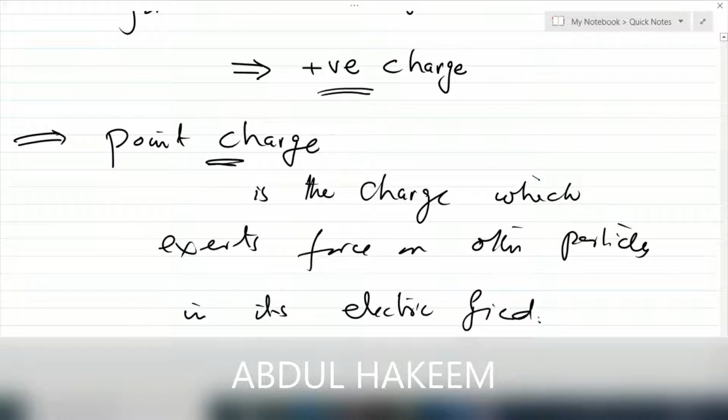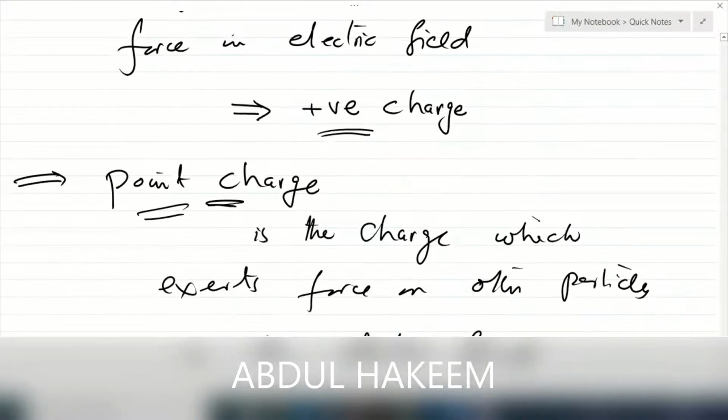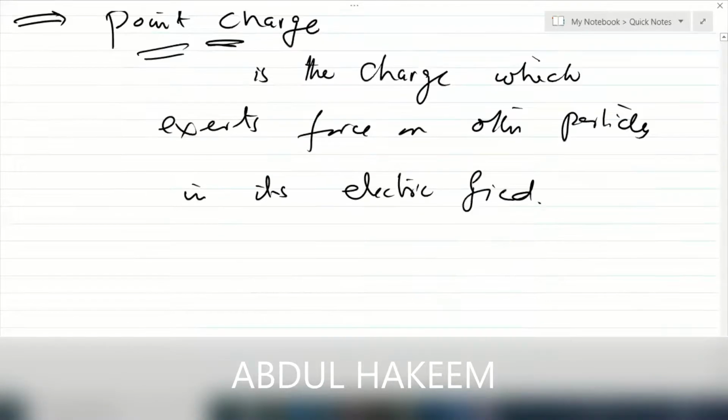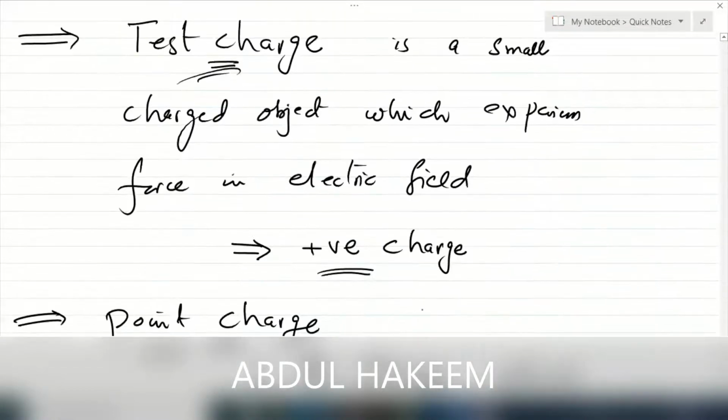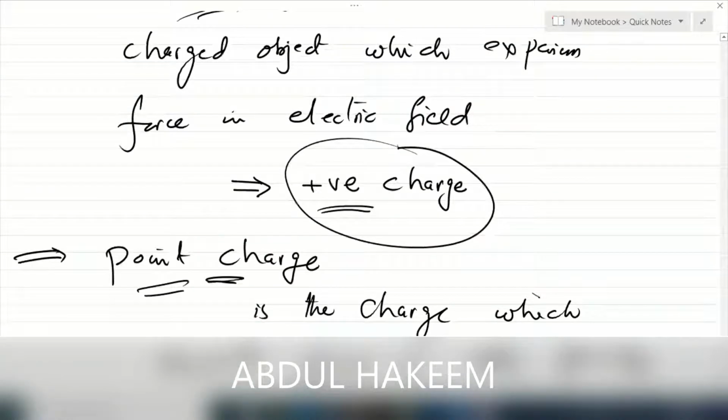Mean the charge which exerts force is the point charge, and the charge which experiences force is the test charge. Now, the point charge can be positive, it can be negative, but this test charge is assumed only for the positive charge.